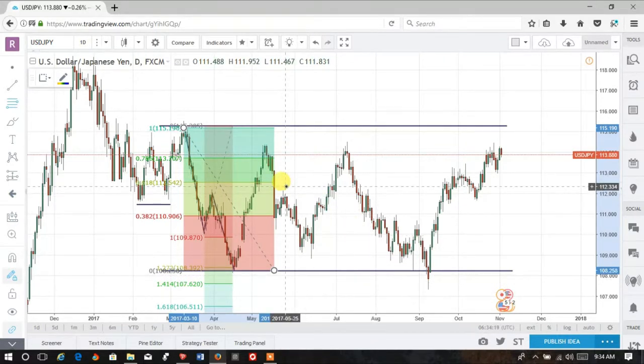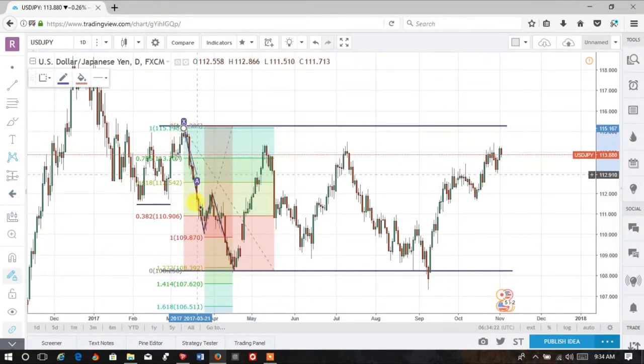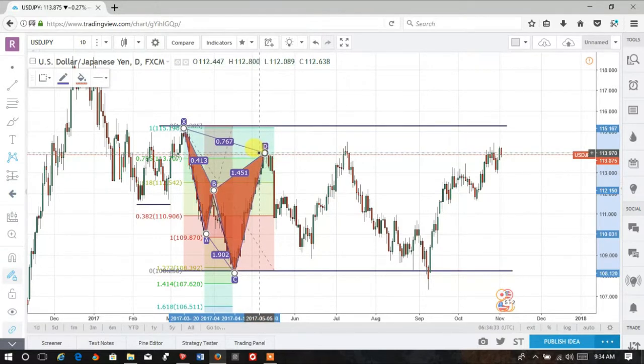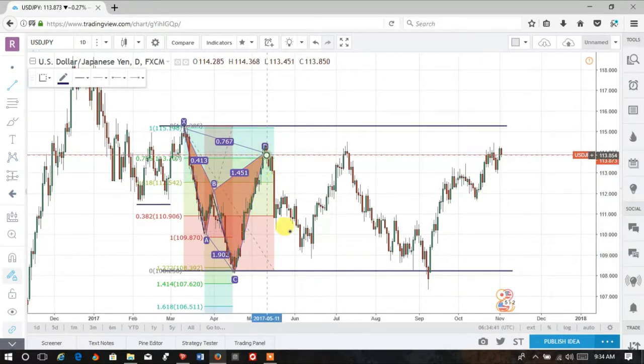So when we plot our system, we got an X to A move, A to B, B to C, and our C to D leg up to the structure level. So again, we have another pattern. If I should go a little bit fast: anchor leg, outside return, pull back up, then we pull back down once and for all.